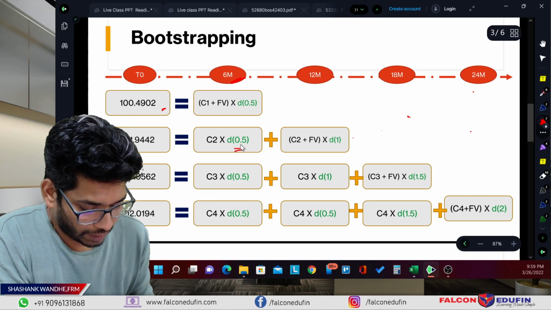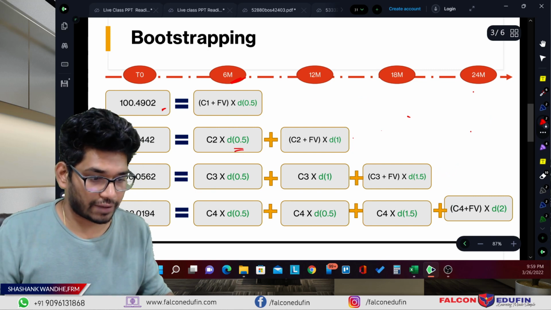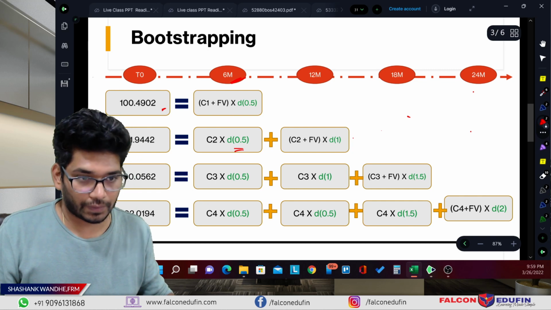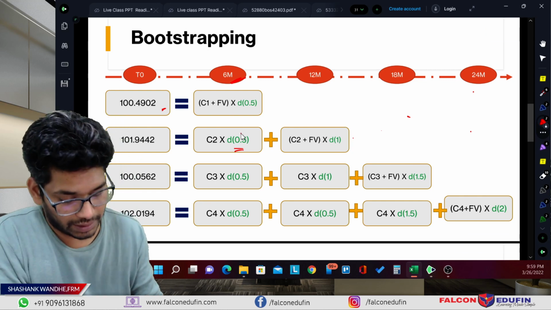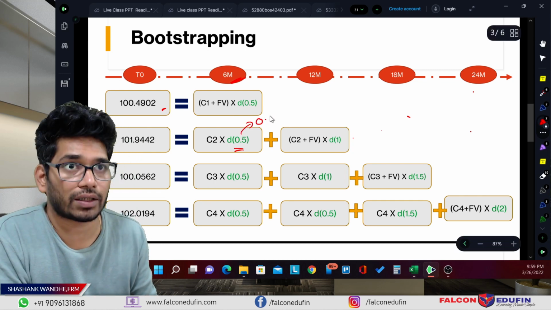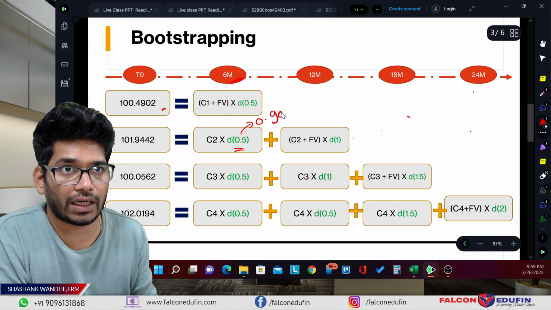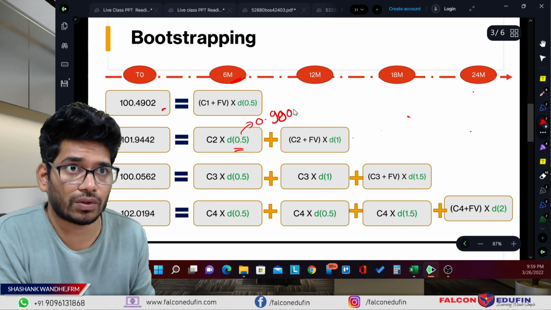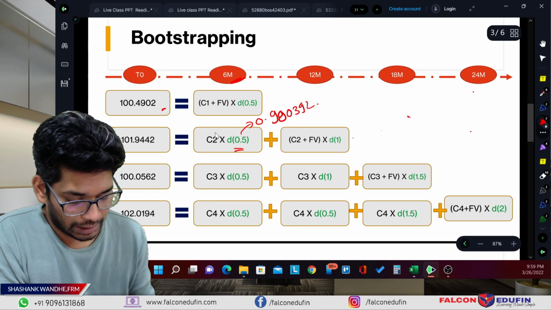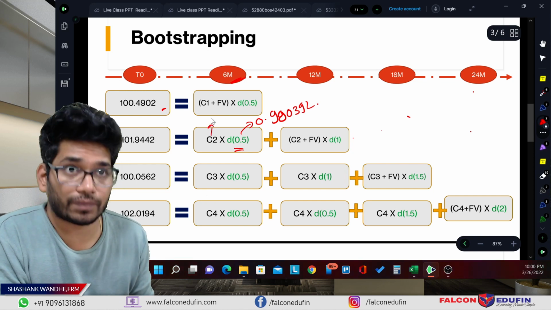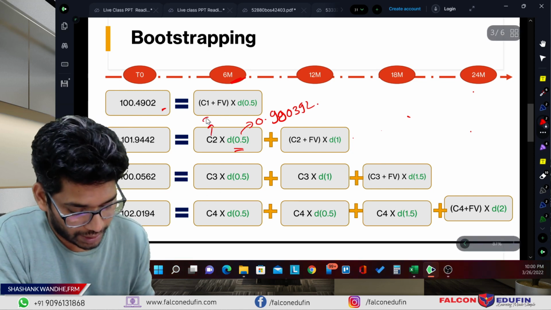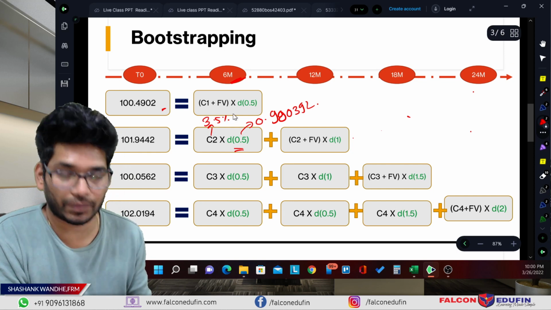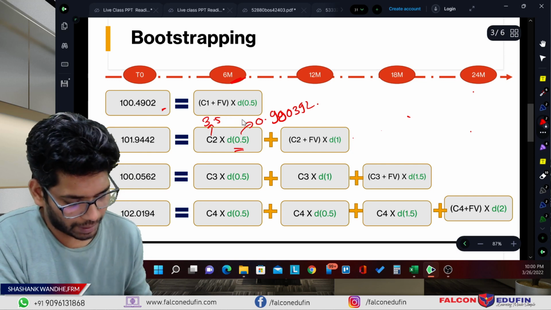So here we have the information. The discount factor is 0.980392, and the coupon is 7%, that is 3.5 in simple terms.